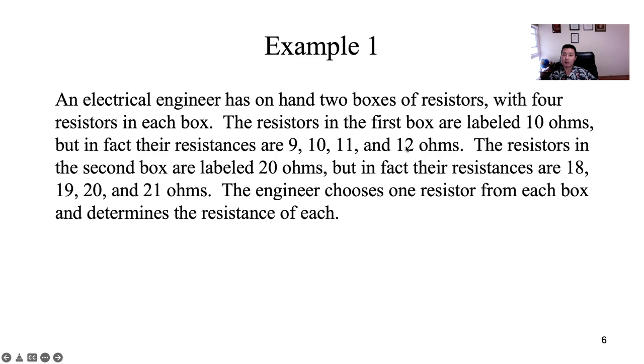The first box is labeled 10 ohms, but the actual 4 resistors have actual resistances of 9, 10, 11, and 12 ohms. The resistors in the second box are labeled 20 ohms, but actually we have 18, 19, 20, and 21. And he needs to choose 1 resistor from each of these 2 boxes and determine the resistance of each.